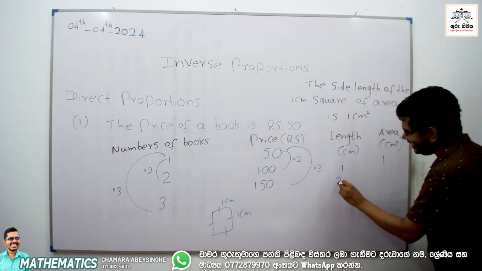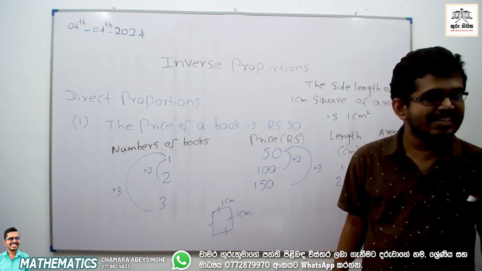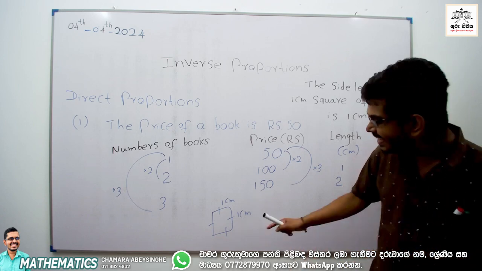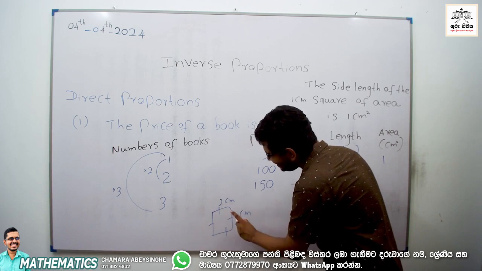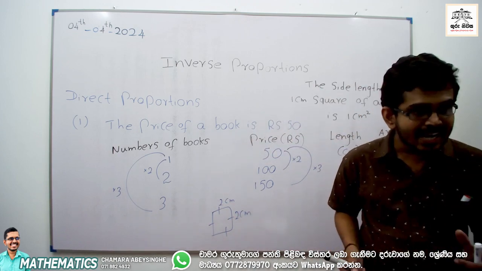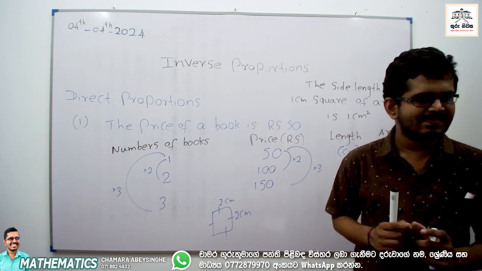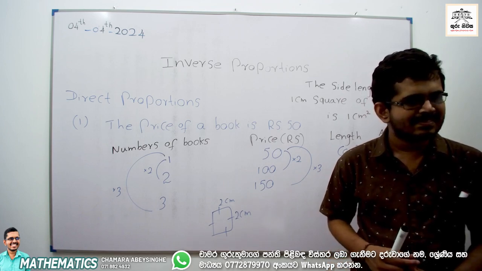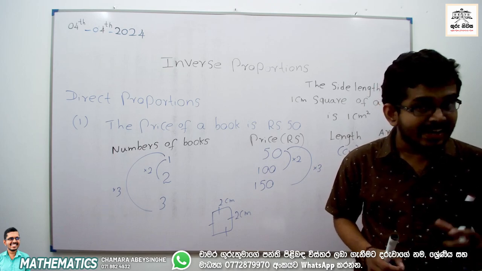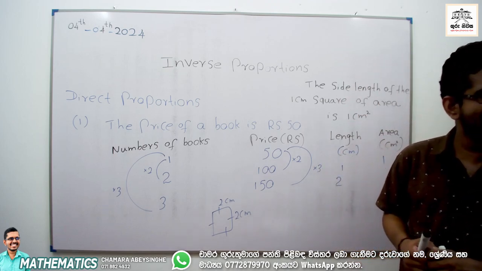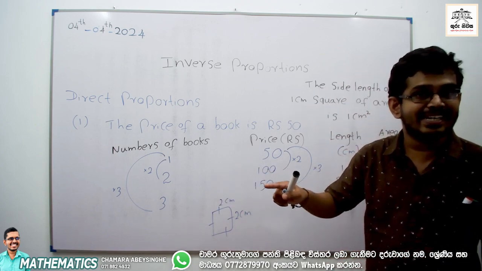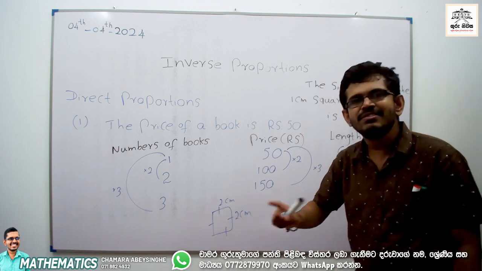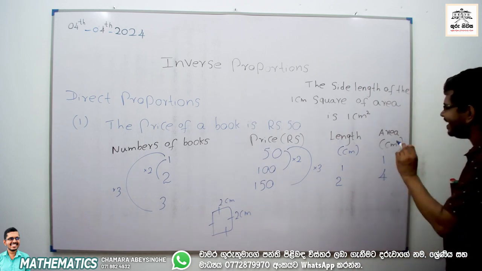I would like to ask a question. If the side length is 2, what is the area? Anyone tell me? 2 times 2, 4. 4 is the area.